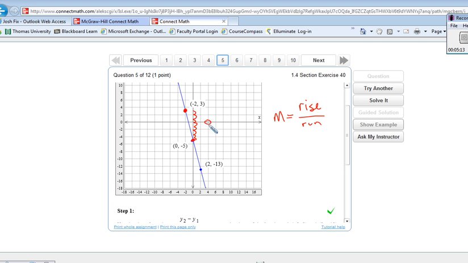So I have a rise of 8, and I have a run of 1, 2. Now the thing is I didn't go in the positive direction when I ran, so I ran a negative 2. So if I put that into my equation, my rise was 8, my run was negative 2, and when I simplify that, I find that my slope is negative 4.